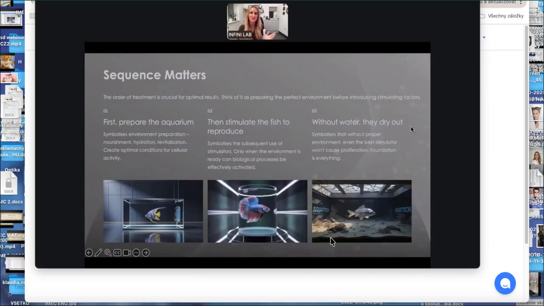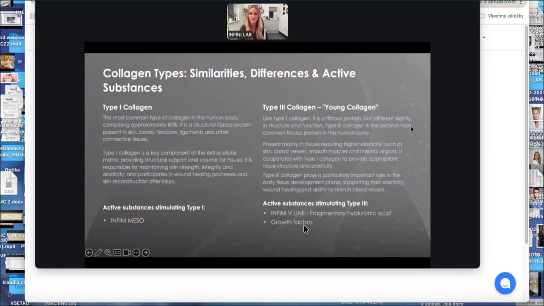So it doesn't matter if we stimulate with injectable stimulators, or we use laser, or we use devices. First, we have to prepare the ecosystem for our fibroblasts. So this is the first element we need to understand.